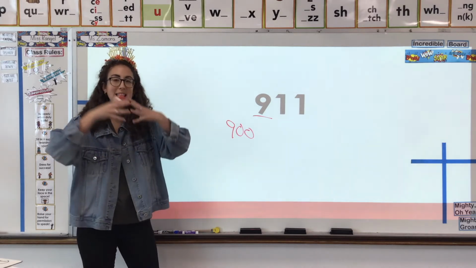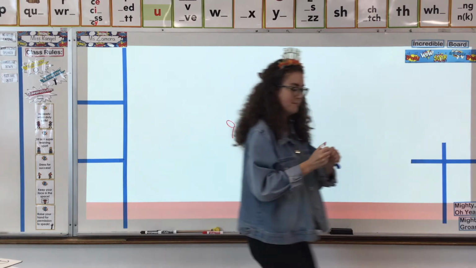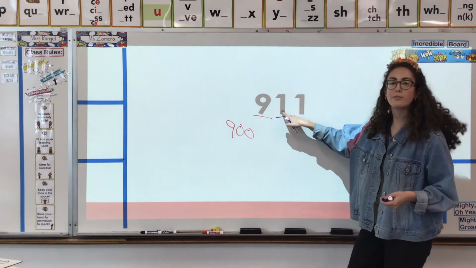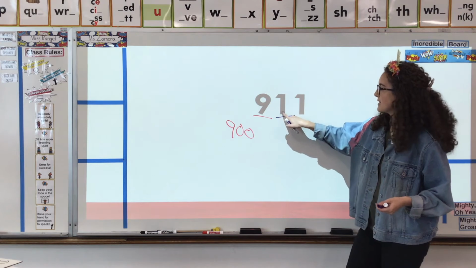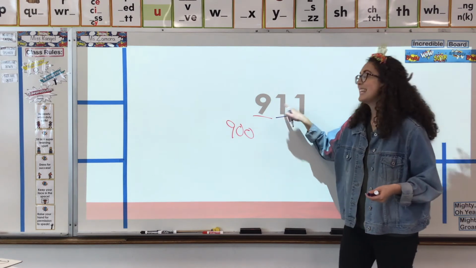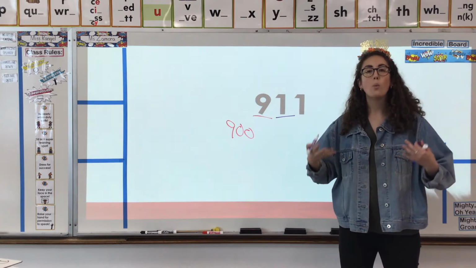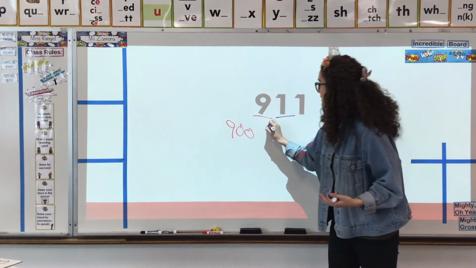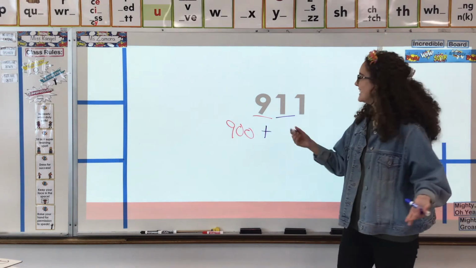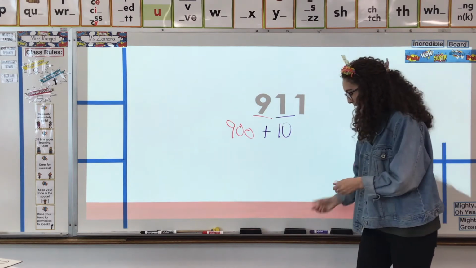We're just expanding, writing it out with digits. Okay, what's the place of this first one right here? What's the place of this 1? The tens place. What's the value of 1 ten? Just 10. That's it. Good job.